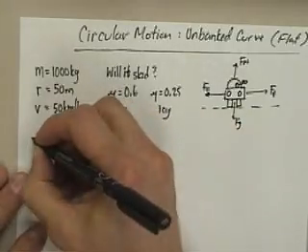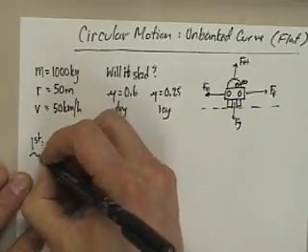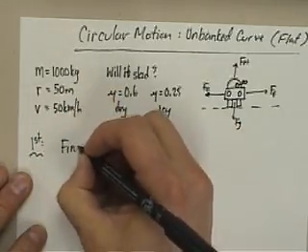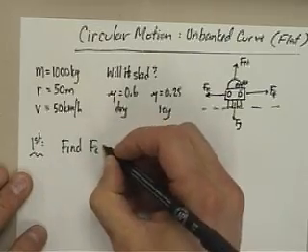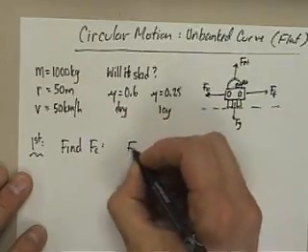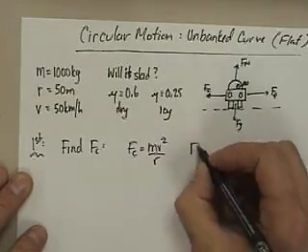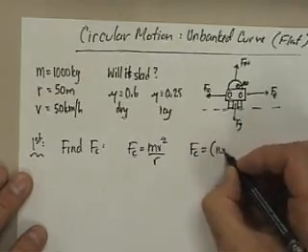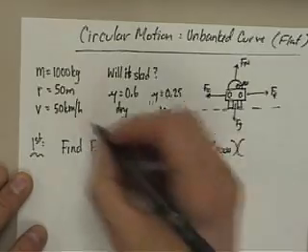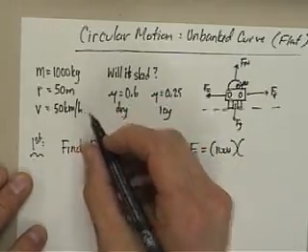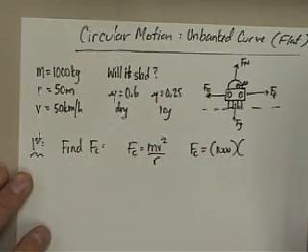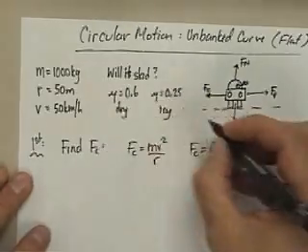So let's see. First, I'm going to find my FC. So FC equals mv squared over r. So FC is going to be 1,000. I need to convert 50 kilometers an hour to meters per second. So you're going to divide by 3.6.